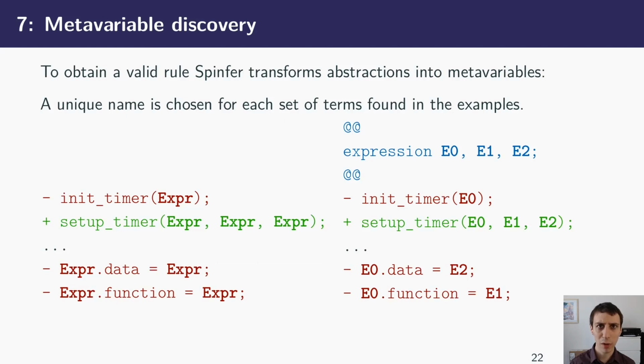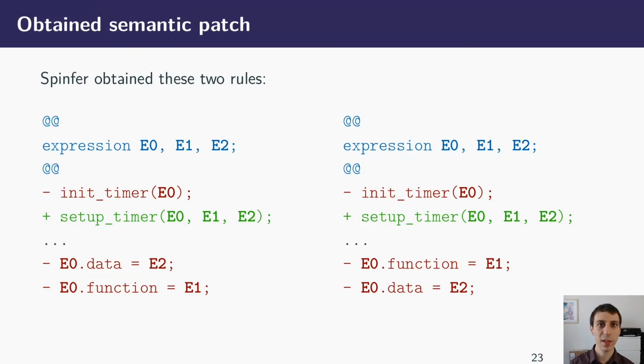Here, we have only 3 different expressions which will be converted to the expression metavariables E0, E1, and E2. After this step, we obtain a valid semantic patch, which is here composed of 2 rules. This semantic patch can be used by the developer with Coccinelle to generate real concrete patches.